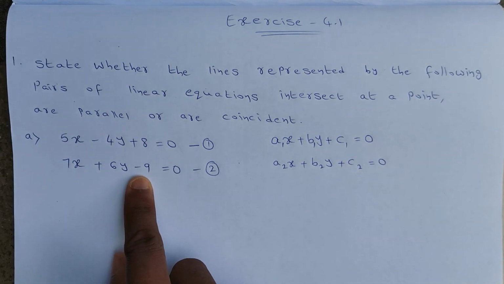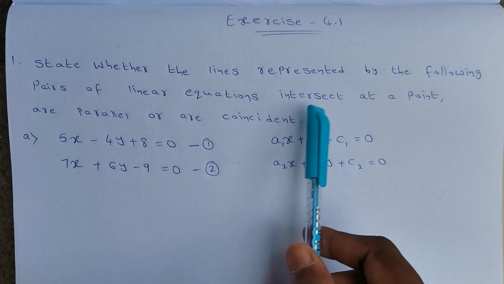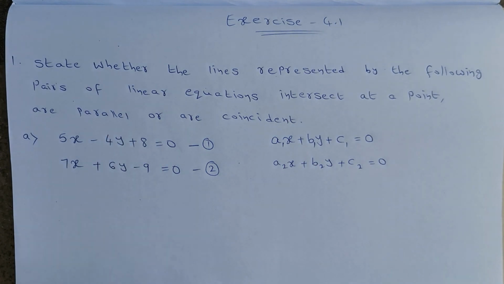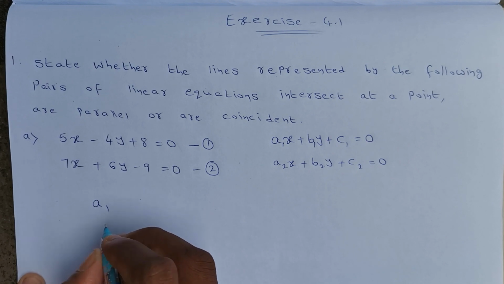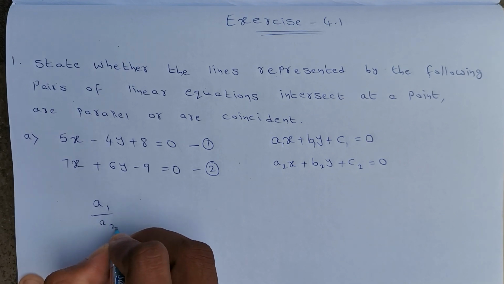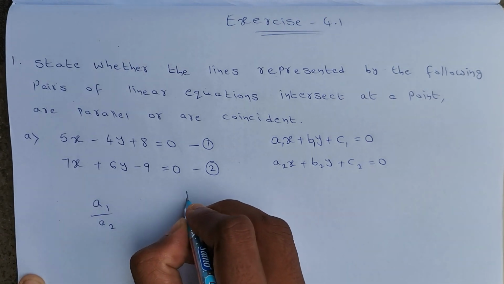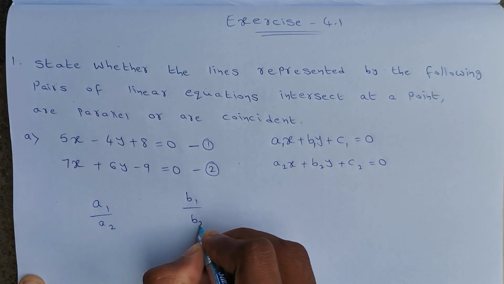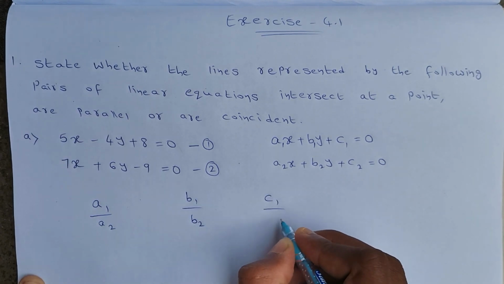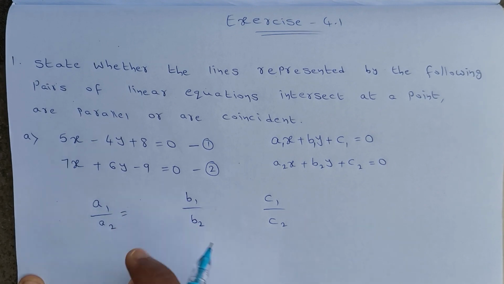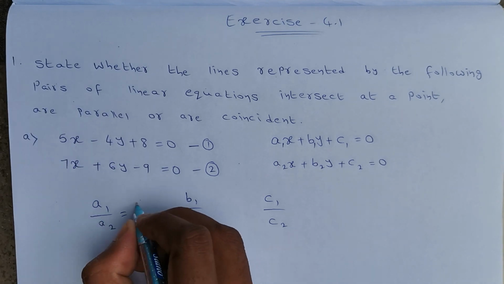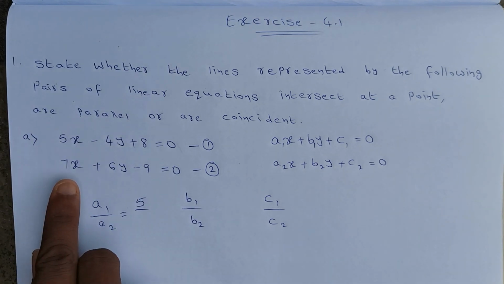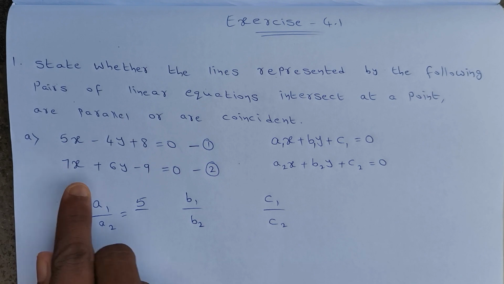So to check whether those two lines intersect or are parallel or coincident with each other, we need to check the a1 by a2 value, b1 by b2 value and c1 by c2 value. If we observe a1 divided by a2, here the x coefficient is 5, that is a1, divided by the x coefficient a2, that is 7.